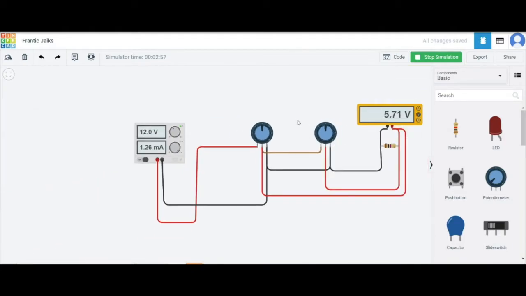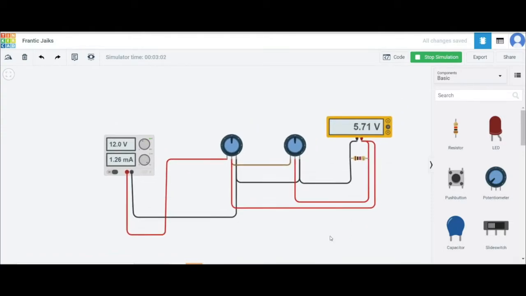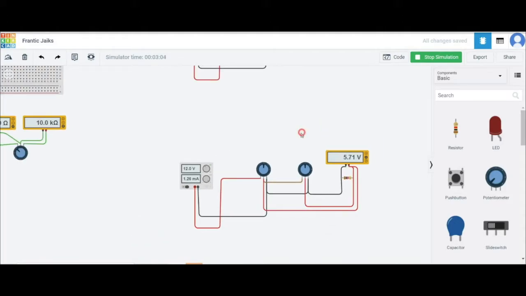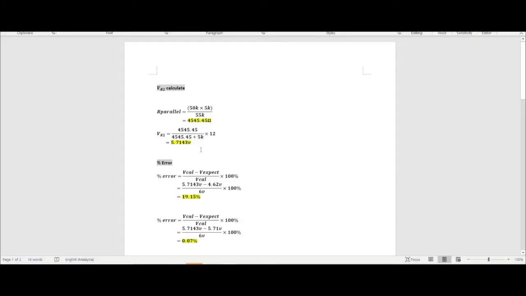Okay, for this one 5.71 volt. I'll show you the calculation. Based on the theoretical calculation, I got the value for the voltage VR2 as 5.7143 volt.